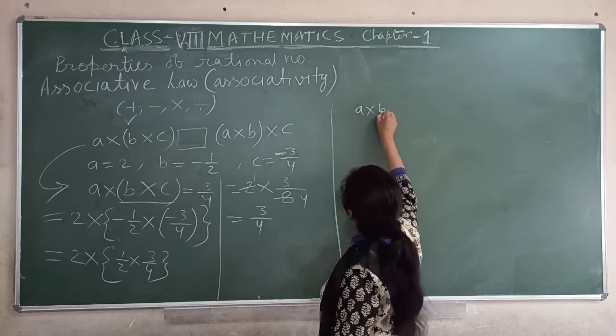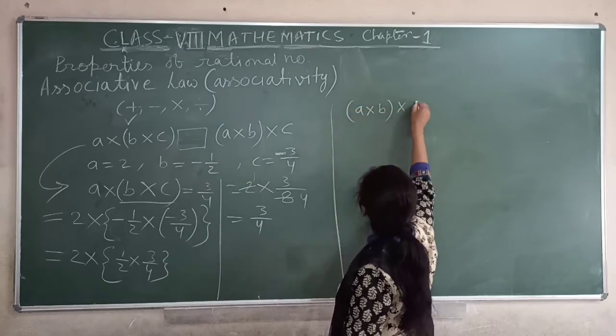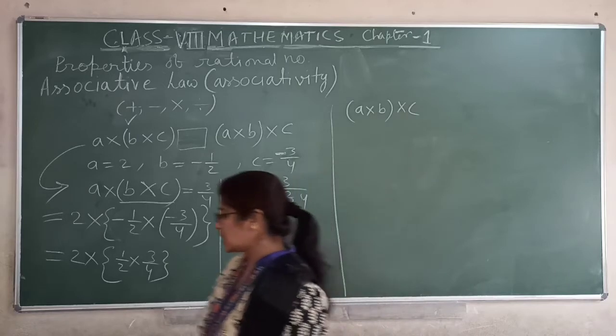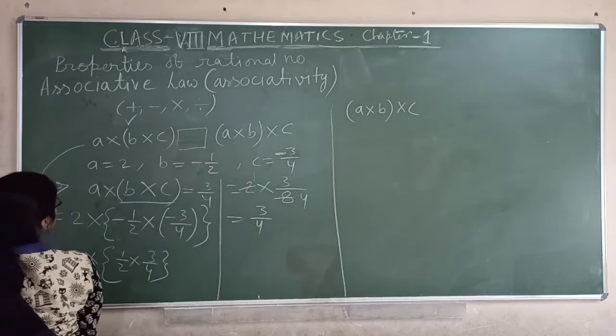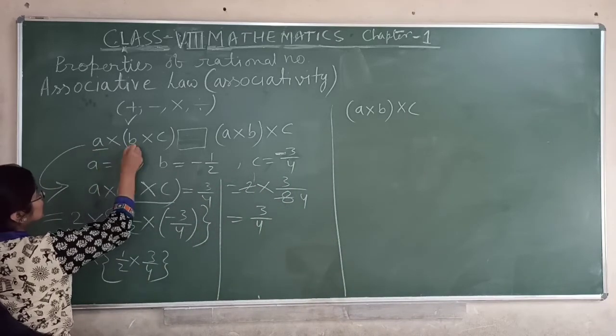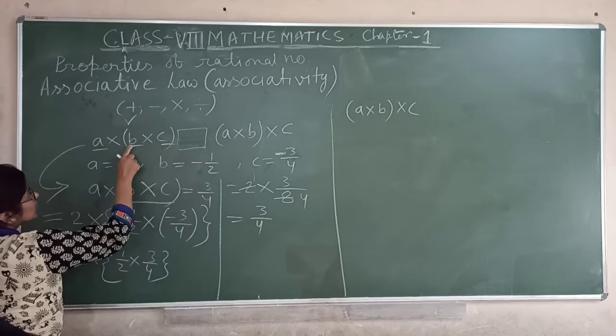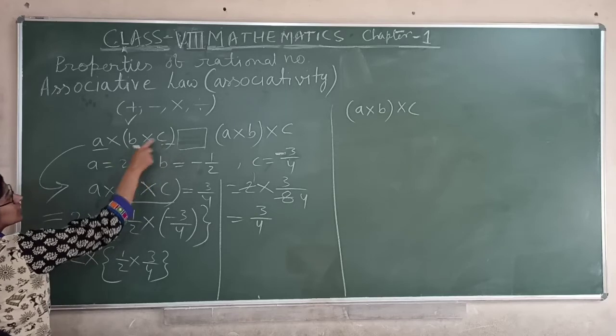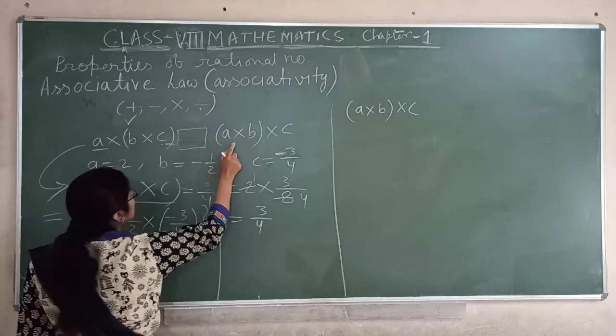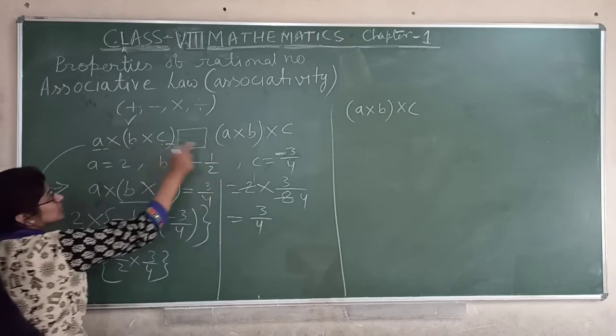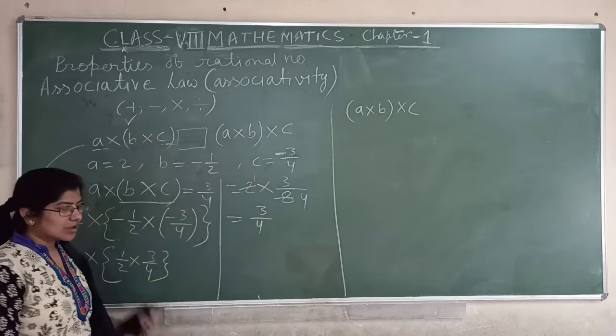A into B within bracket into C. What do you do in the associative law? You have 3 rational numbers. So first you have to take any 2 together. You can take this and this together, and in the next one you have to take this and this together, how I have taken here. Okay.